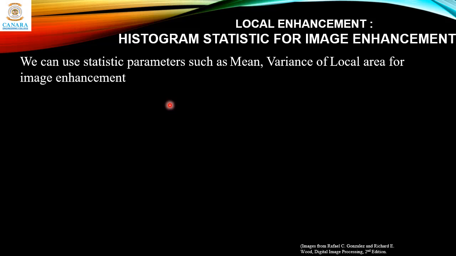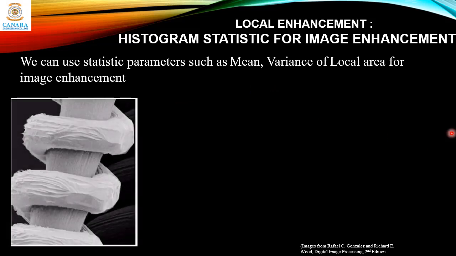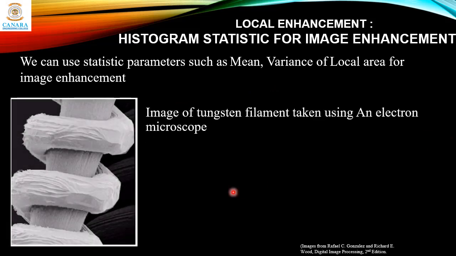We can also use statistical parameters such as mean and variance of a local area for image enhancement. Let us consider this example of a tungsten filament. This picture has been taken using an electron microscope. You can see a filament in the foreground, and it is quite clear. It's bright, and you can make out all the textures or patterns in it.